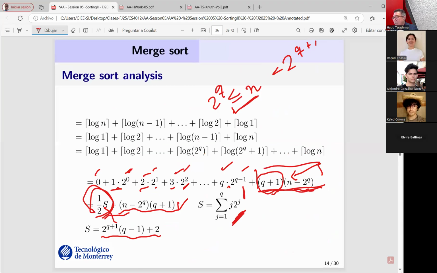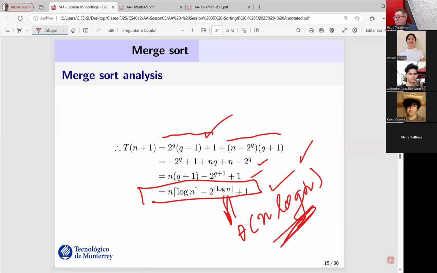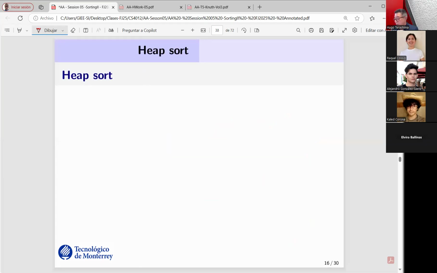This is the summation of i, x to the i, in which x is equal to 2. So I need to use the expression to solve it, and which is this. And then I use that part, put it together with the other part, I solve it, and then I have n log n. Conclusion. What is the conclusion? That merge sort is n log n.